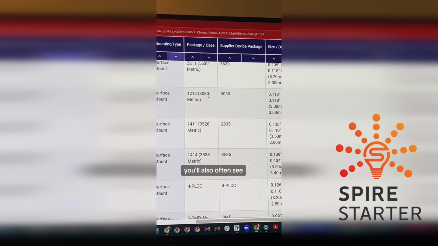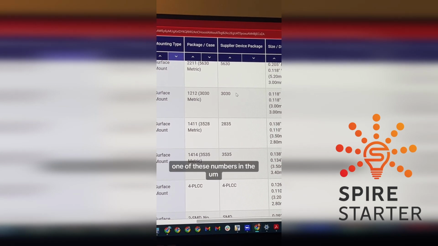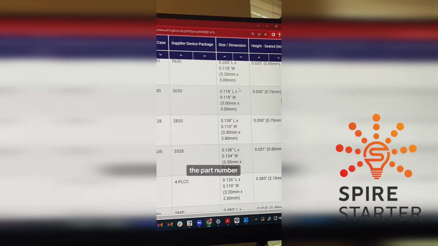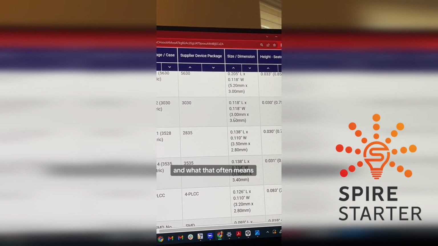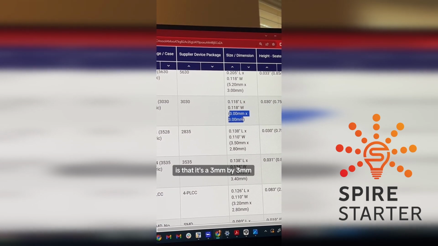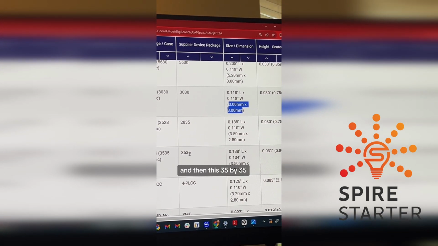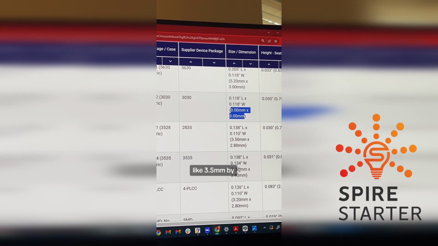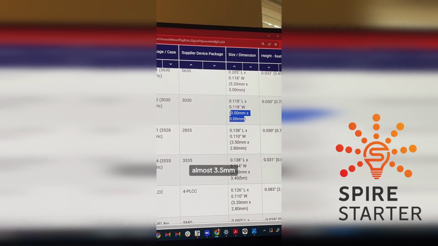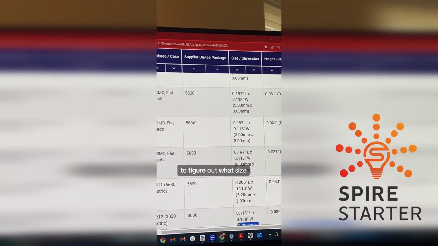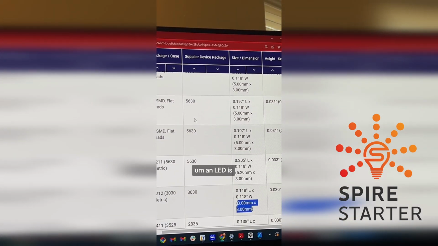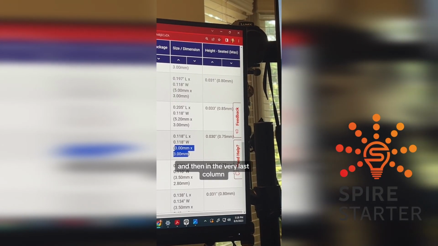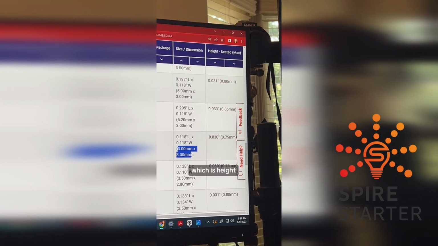You'll also often see one of these numbers in the LED name, the part number, and what that often means is that it's 3mm by 3mm. And this 3535 would be like 3.5mm by almost 3.5mm. So sometimes that can be a little hack to figure out what size an LED is before opening up a datasheet. And then in the very last column, we have height.